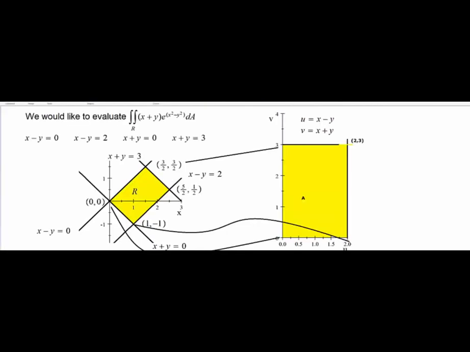So the quantity x plus y times e to the power x plus y times x minus y will simply become v times e to the power vu. And if we take the limits of the integral, you can see it's a simple rectangle. u changes from 0 to 2, v changes from 0 to 3.